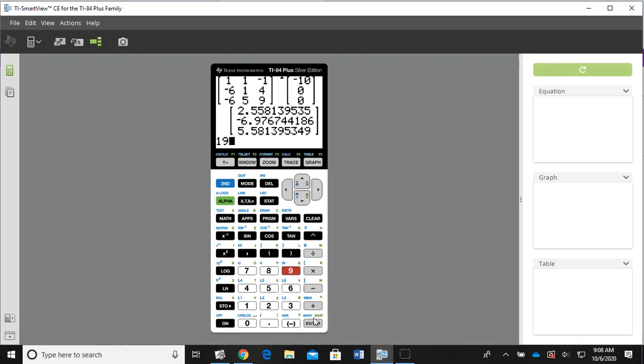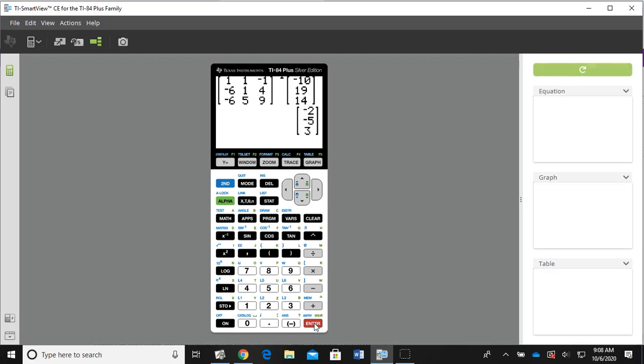I hit enter. Remember, guys, don't hit what? Don't hit enter. I can't even follow my own rules. It's all right, we'll fix it. 19, arrow, not enter. 14, arrow, done. All right, hit enter, boom.